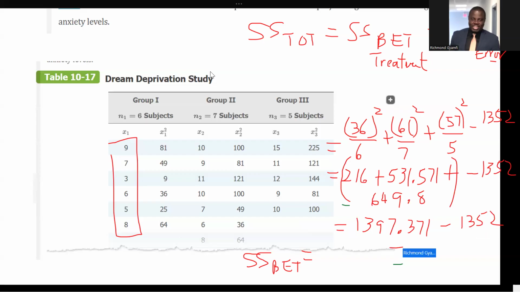And this should give me 45.371. So my SSbet between the groups is 45.371.